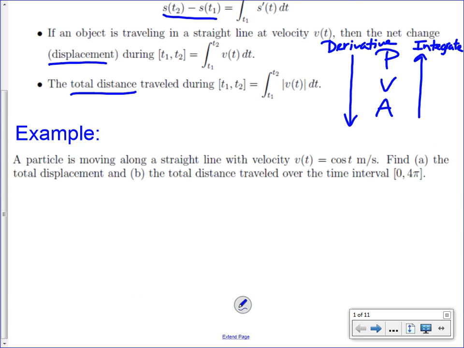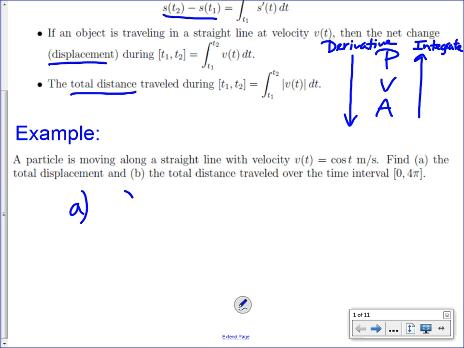It says a particle is moving along a straight line with velocity equal to cosine of t meters per second. Find the total displacement and the total distance traveled over the time interval from 0 to 4 pi. Okay, so for part A, to find the displacement, that's just your net change.